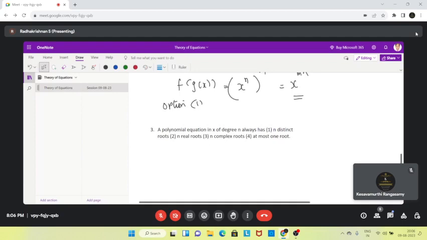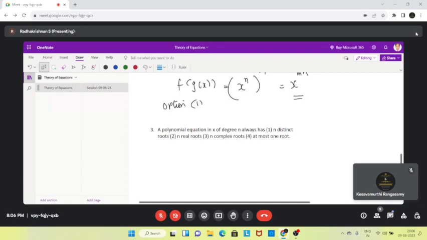Yes, sir. We cannot say there will be n distinct roots, so the same root can appear many times. Right? So n distinct roots may not exist. Sometimes it will be there but not always. N real roots will not always exist. Sometimes it will be complex roots. At most one root is also wrong.